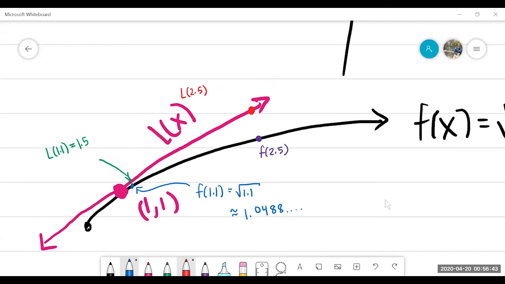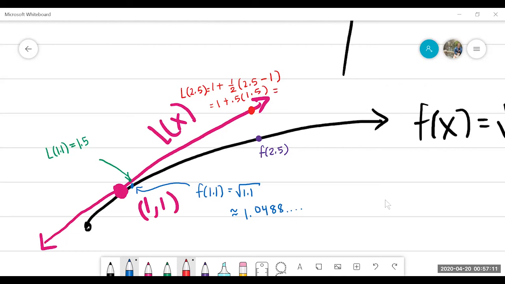Okay, L of 2.5, use the exact same equation, 1 plus 1/2 times 2.5 minus 1. So if we simplify this, we've got 1 plus, I'm going to go with 0.5 again, and this is 1.5. It's a little sloppy, but it's because I'm running out of room.